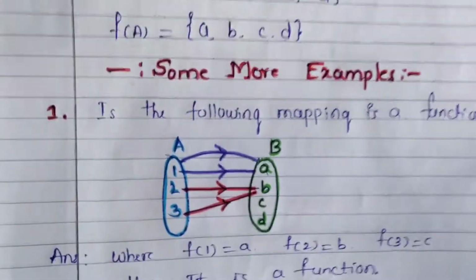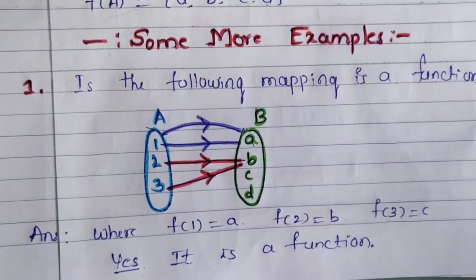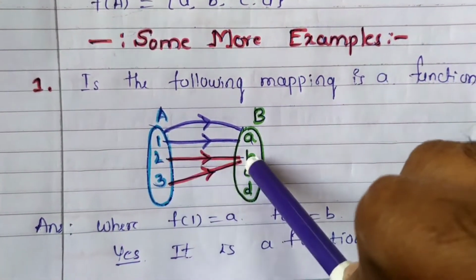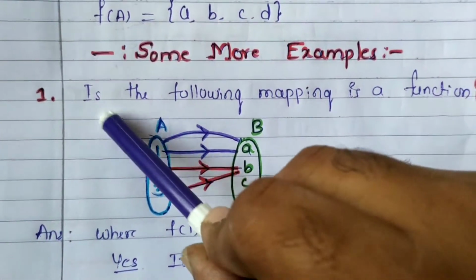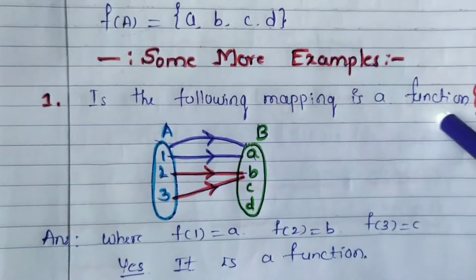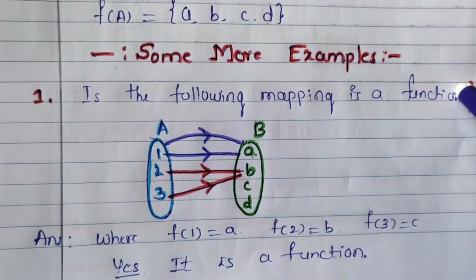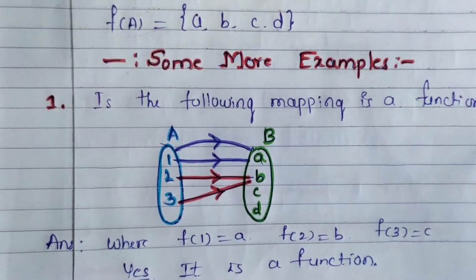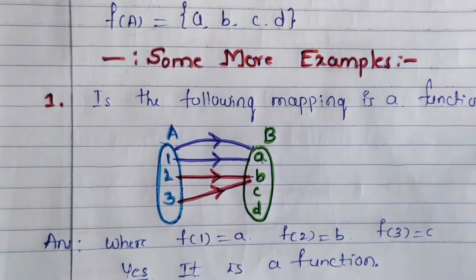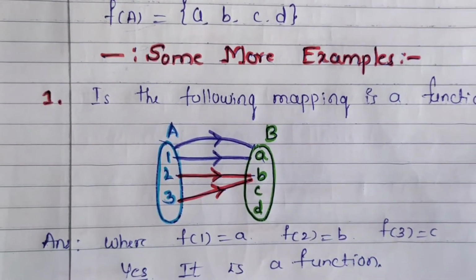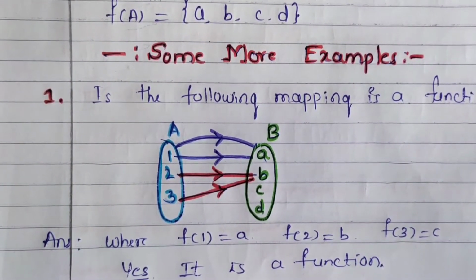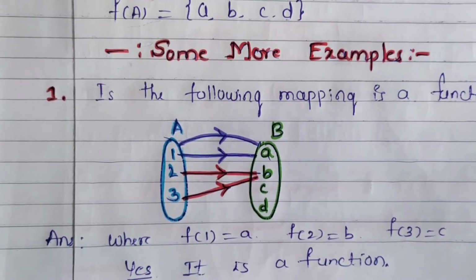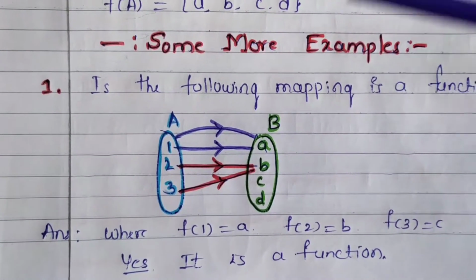Next, we will consider some more examples. One example I have given here is from set A to set B. The question is: is the following mapping a function? Look at the mapping here, and you have to be clear about this answer by means of its definition. What the definition says: every element of A is associated with a unique element of B. Using the definition, you have to verify.